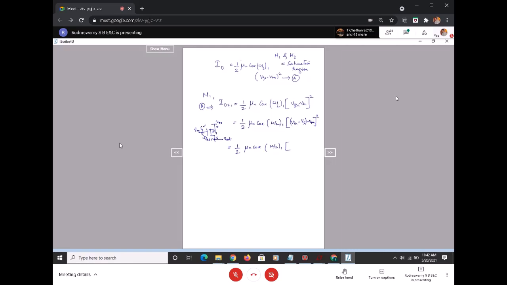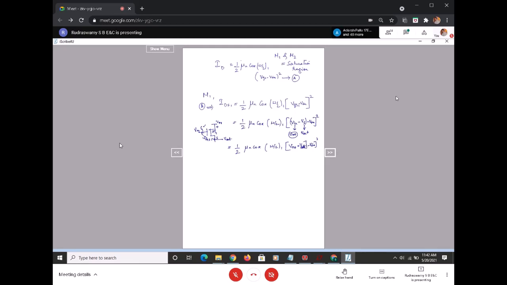V in is basically the DC voltage, and whenever we apply V in DC, it will be from 0 to maximum, and the maximum we will consider as VDD itself. Since we apply minimum to maximum voltage, we can treat this as (VDD minus Vs minus VTH) square. And what is Vs? Basically, it is V out, so we replace Vs by V out.